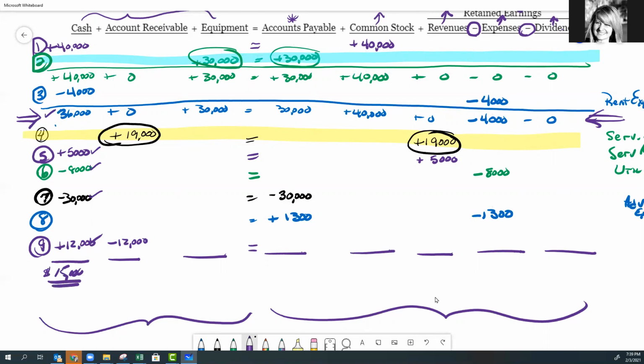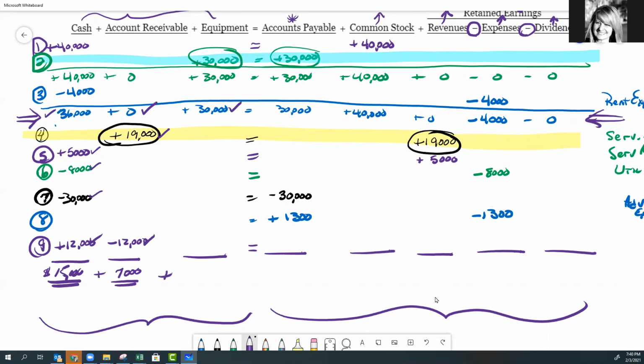So let's take a look at accounts receivable. We're starting up here with these balances. We had 0 because we had already subtotaled. We added 19,000. We subtracted 12. So now we have a balance here of $7,000. Our equipment, we started with 30,000. We didn't do anything to equipment.